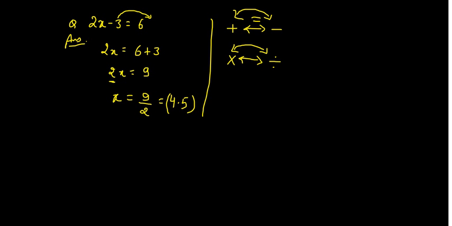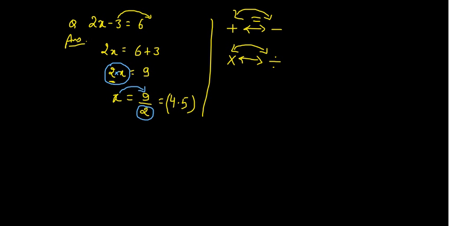Like here we have 2x, and 2 is multiplied with x. When nothing is shown, it simply means multiply. So 2 multiplied by x is equal to 9. Now that 2 has to go as a divide when we throw it on the opposite side of equals to.